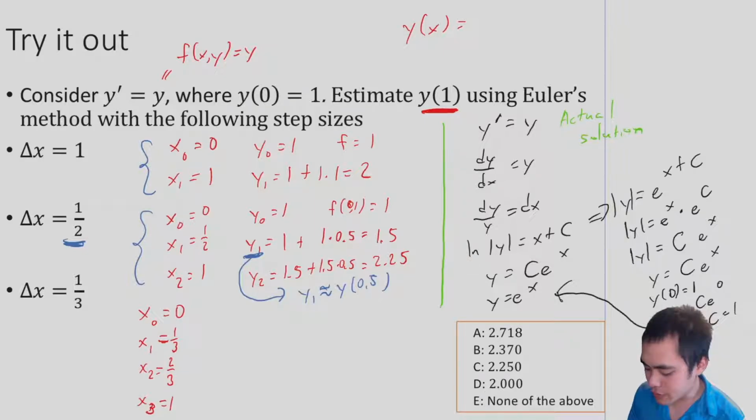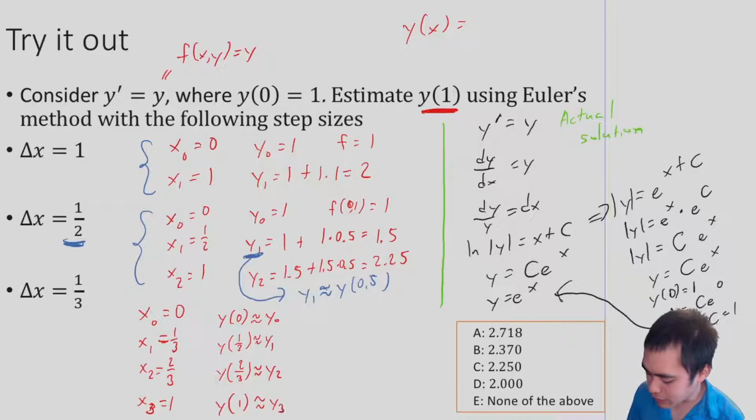And so y of 0 is approximately equal to y0, y of 1/3 is approximately equal to y1, y of 2/3 is approximately equal to y2, and y of 1 is approximately equal to y3.